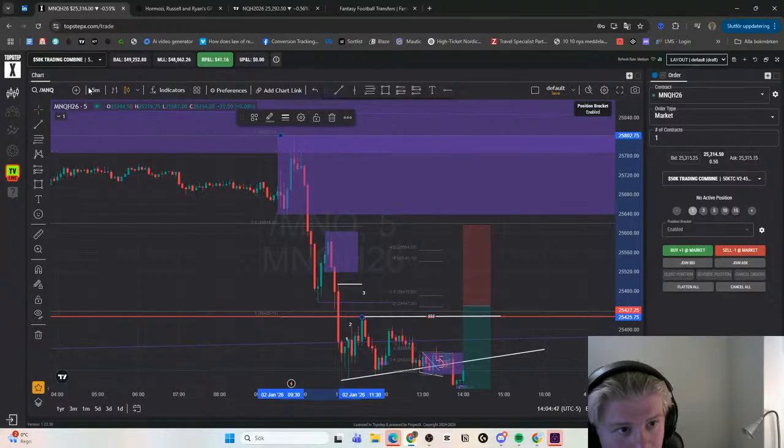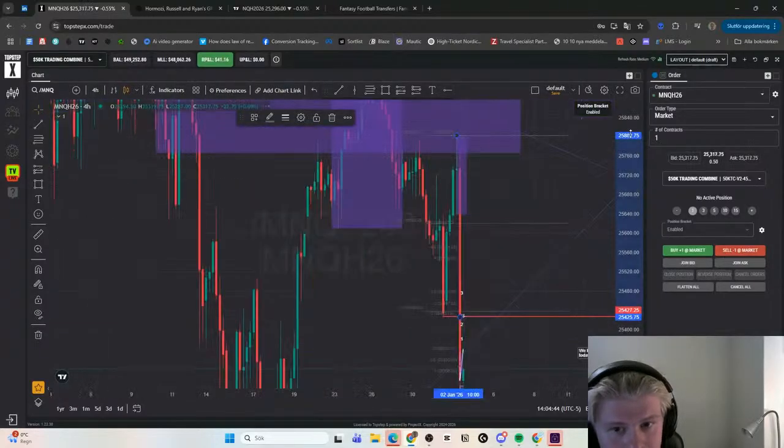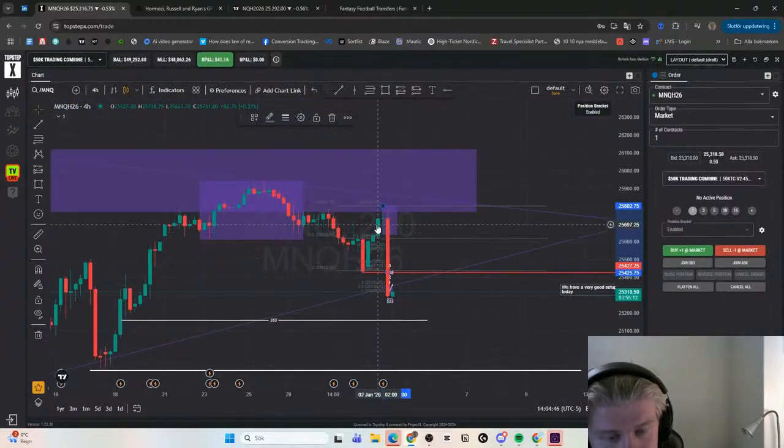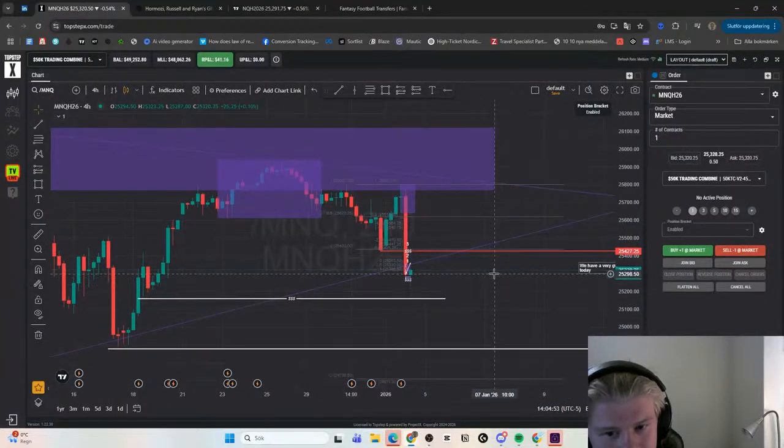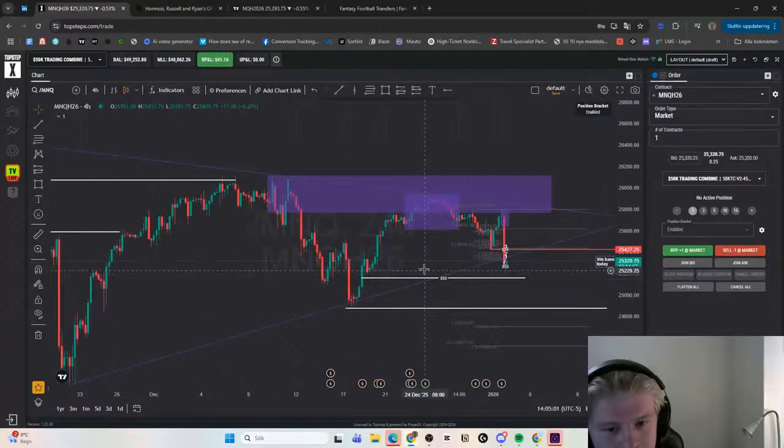If we're looking at it in terms of a higher time frame propulsion block, we should not go so high up in this one. We should just move bearishly, kind of just tap into it, keep moving down. That's what I would be looking at, anyways.